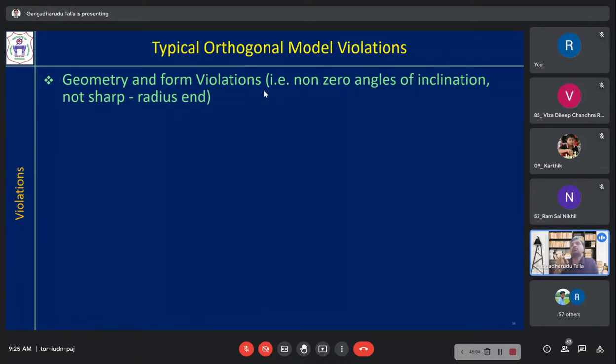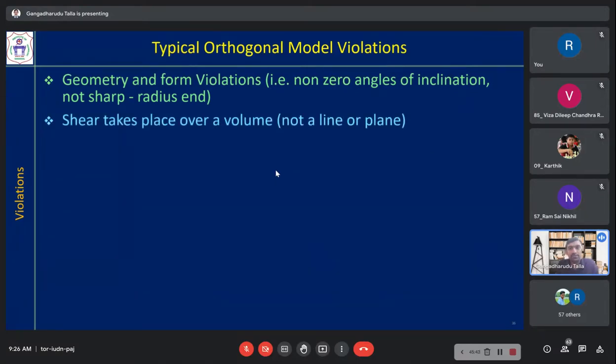We have not explicitly stated that, but we have assumed a zero rake angle in orthogonal cutting. And you have also assumed that there is a sharp tool tip. You have not considered any nose radius. So this is one violation.